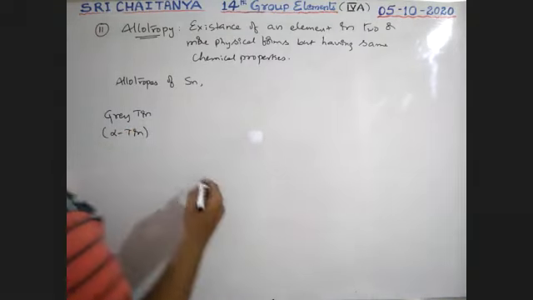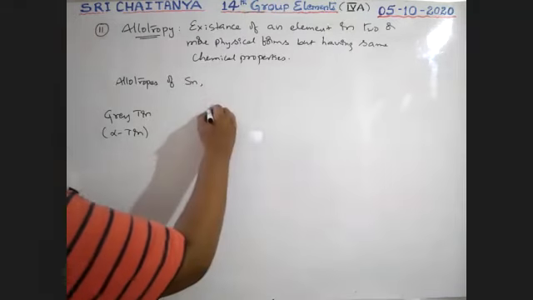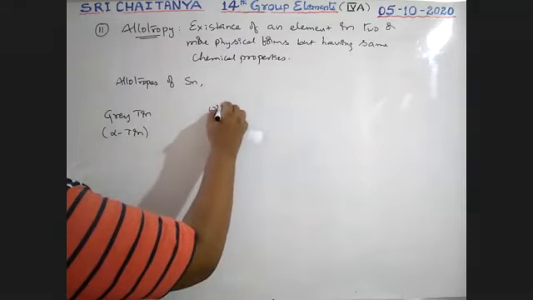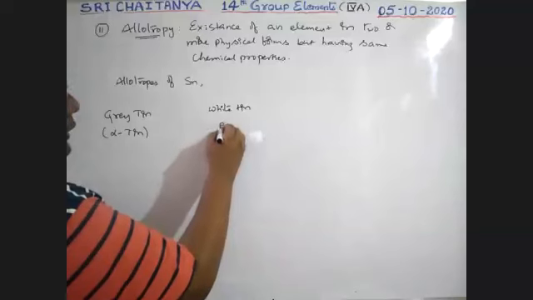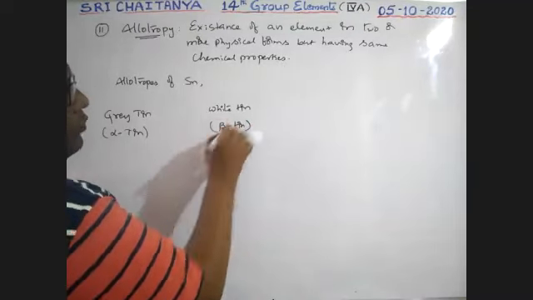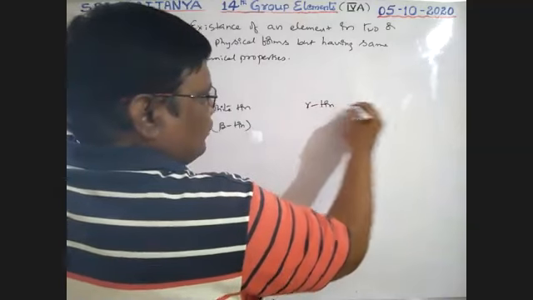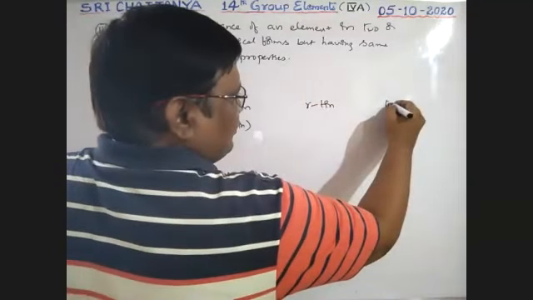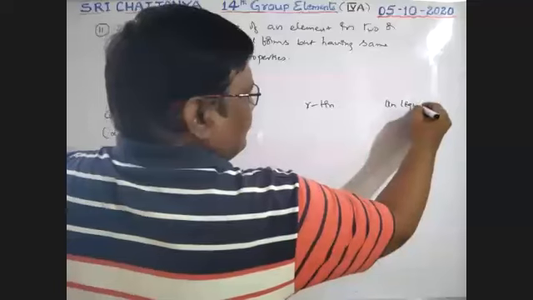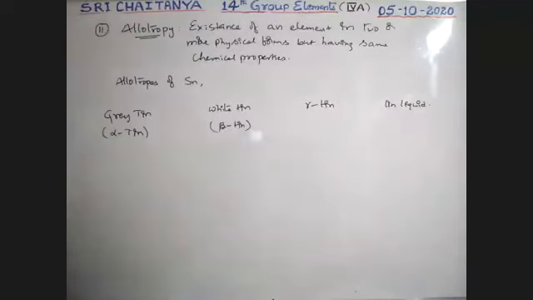Next, white tin, it is beta tin. Gamma tin. Next, tin liquid. These are the allotropes of tin.